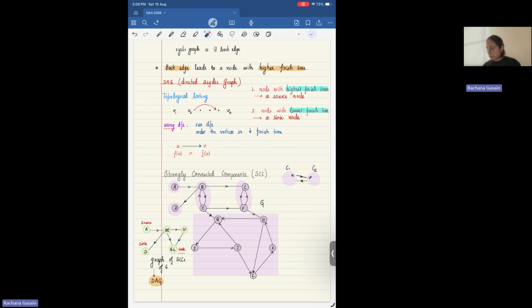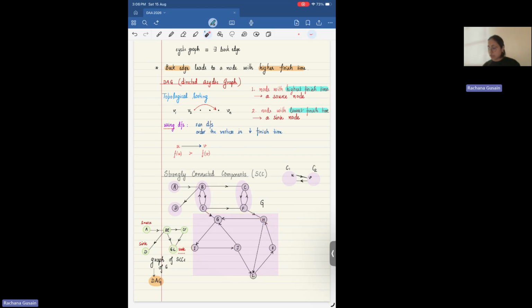Now, if you represent each strongly connected component as a node, just compress it to a node, you have a node for this component, a node for this component, and so on.